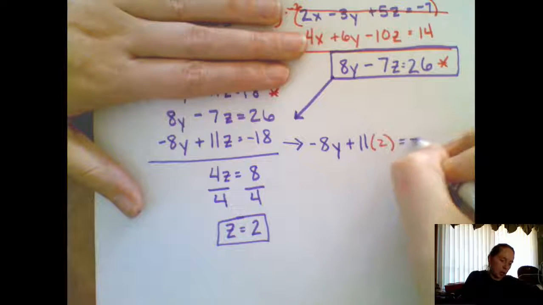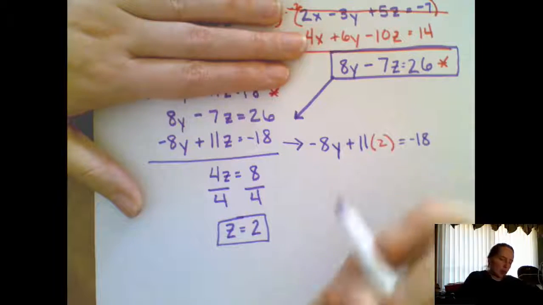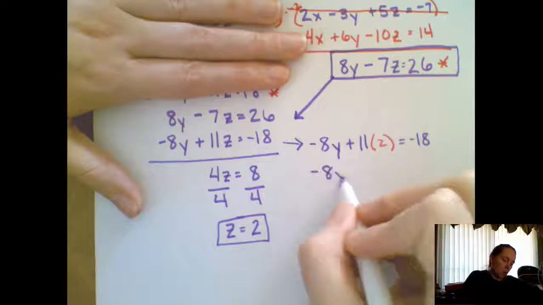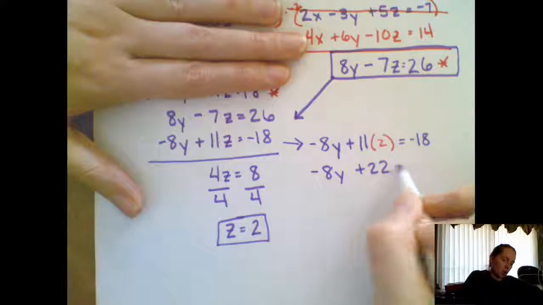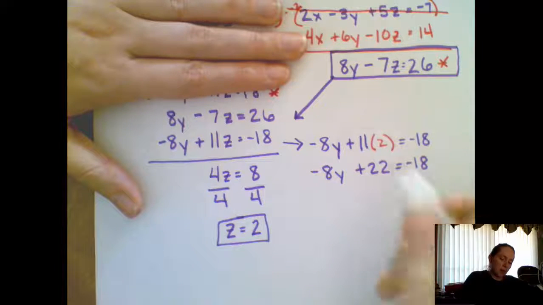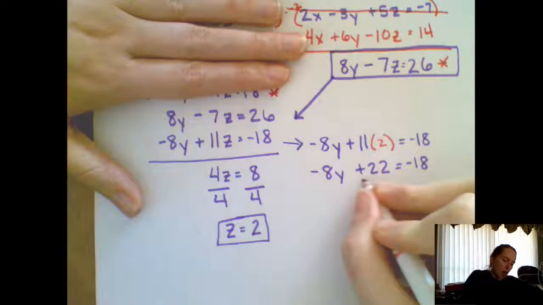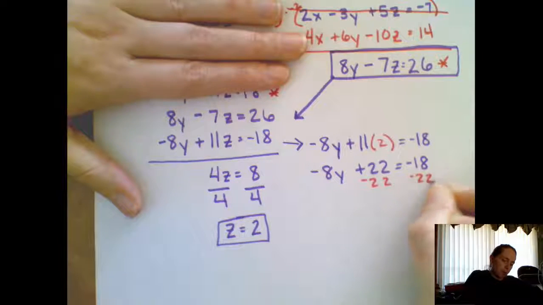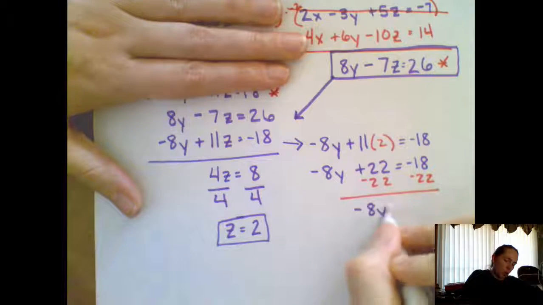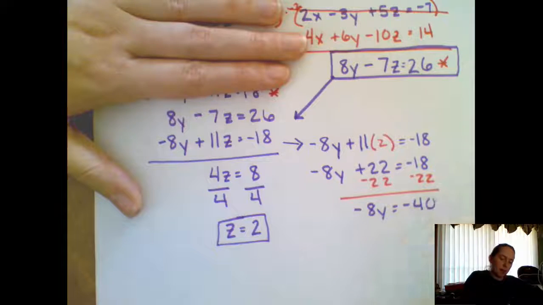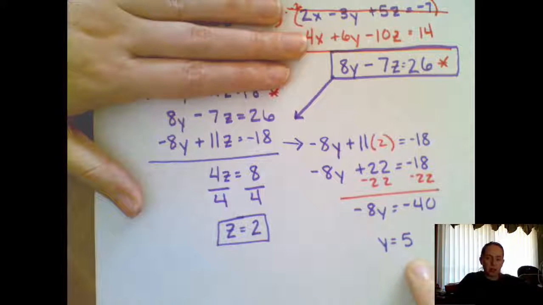And it equals -18. -8y plus 22 equals -18. We'll subtract the 22, and we will get -8y equals -40. Divide by -8, and we get y as an answer of 5.